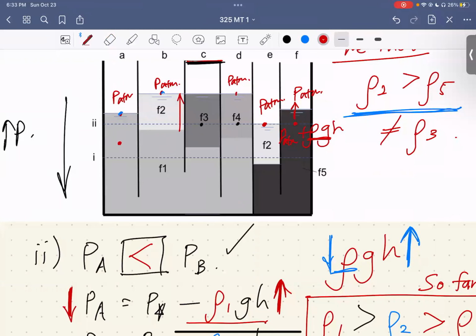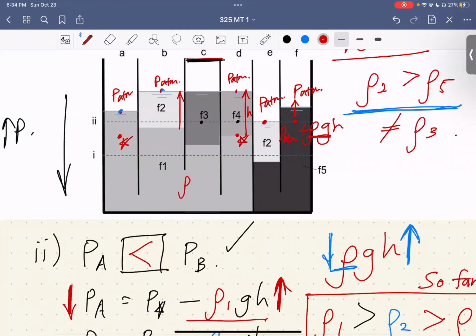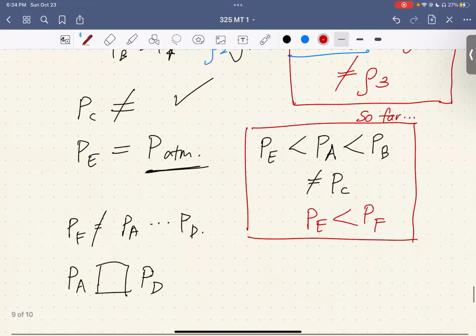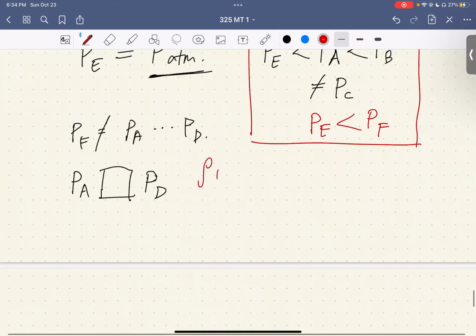Let's choose P star right where we know this fluid starts, and right around here we know that those are equal, and we know that it takes a longer height h to get to PATM. So we know rho 1 is greater than rho 4. Same logic that we've continuously been doing.